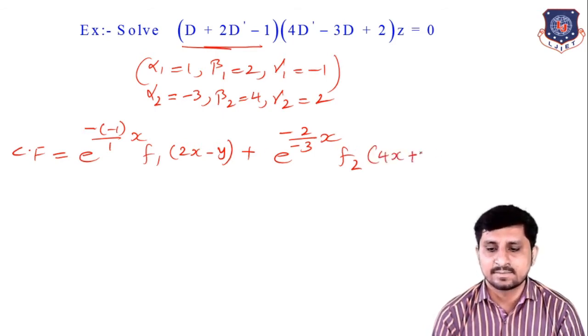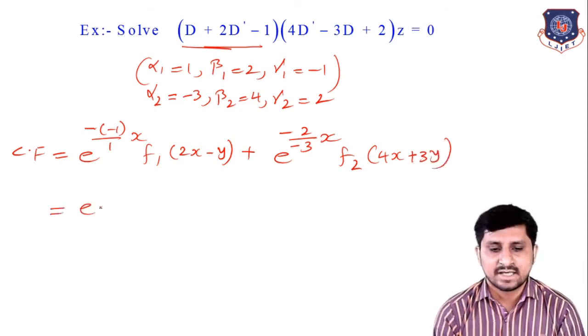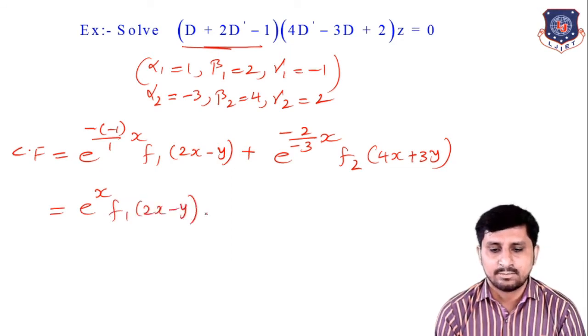Okay, so minus minus plus 3y. When we simplify this term, that is e raised to x f1 of 2x minus y plus e raised to 2x by 3 f2 of 4x plus 3y.